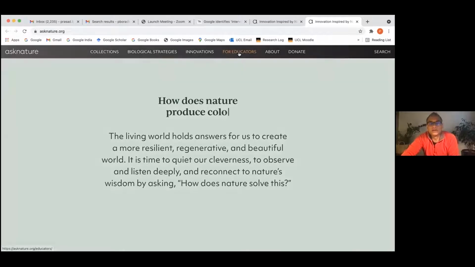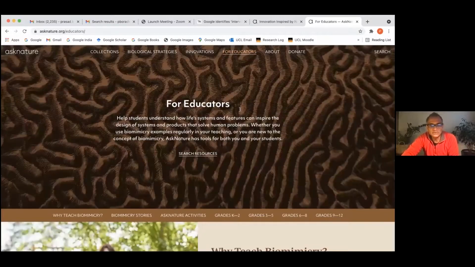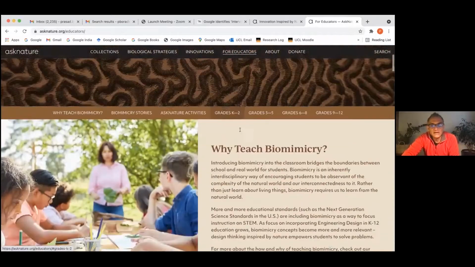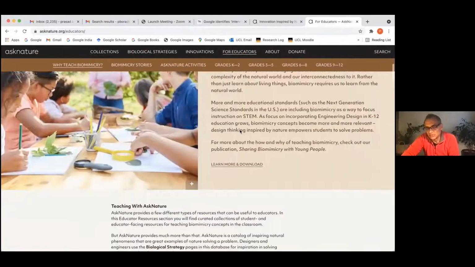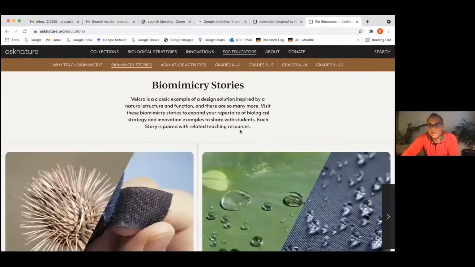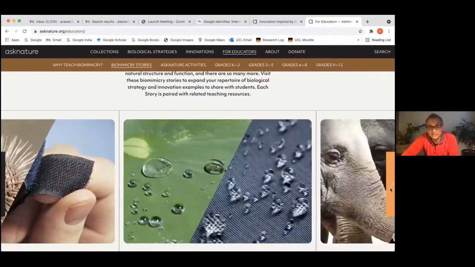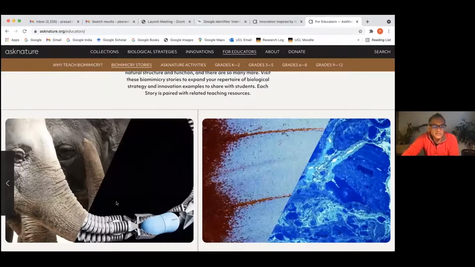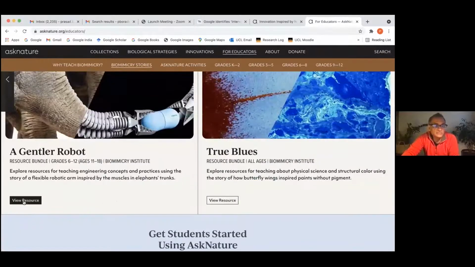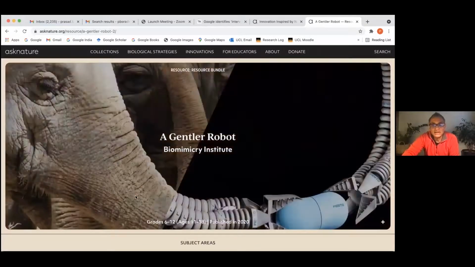So for example, if I go to just one quick thing and look at some examples, you'll see tons of examples. Faculty can get examples from here. Students can see examples. There are lots of biomimicry stories. We talked about the Velcro story that you see here, the lotus leaf for cleanability. It's an interesting example of a robot that's inspired by the elephant trunk.